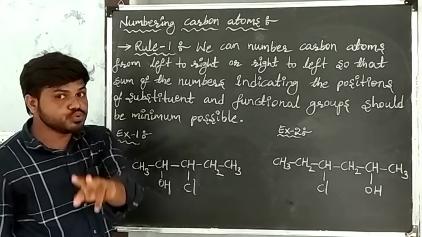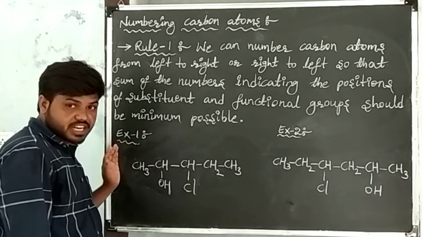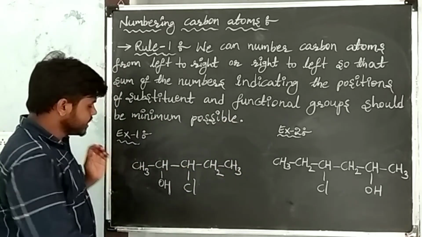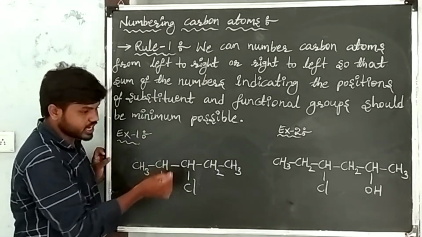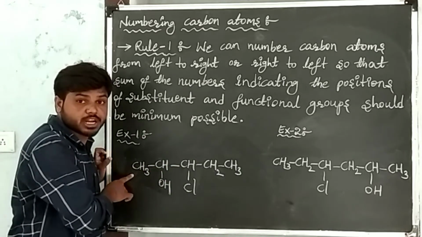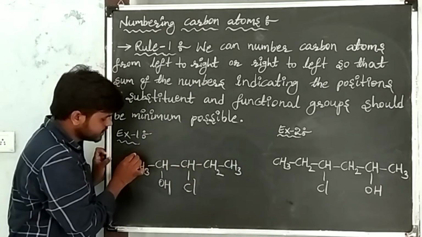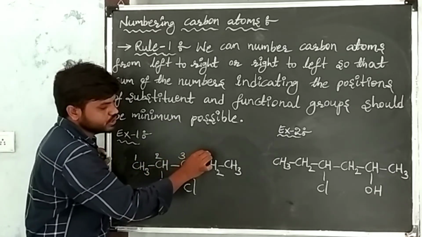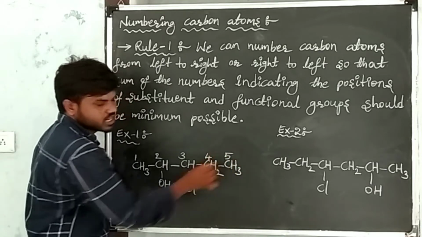I am taking two cases. First case is left to right. Second case is right to left. In case 1, I am giving numbers to the carbon atoms from left to right. This is first carbon, second carbon, third carbon, fourth carbon, fifth carbon.